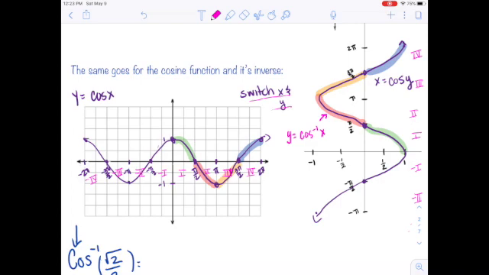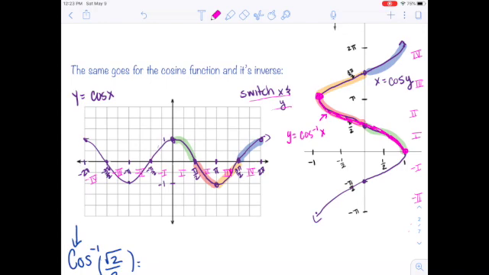So where are we going to restrict the domain of our cosine values so that we get an inverse that is a function? So the easiest piece is actually from 0 all the way up to a y value of, let me highlight all that, pi.